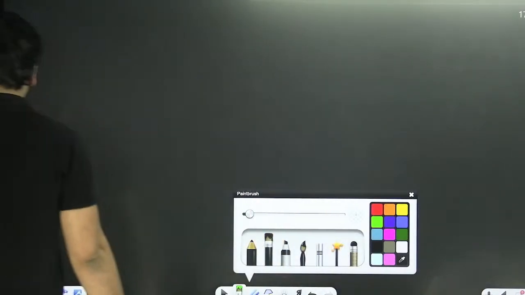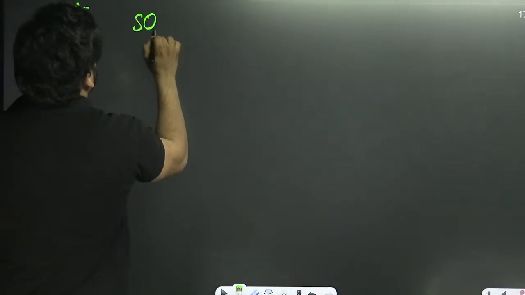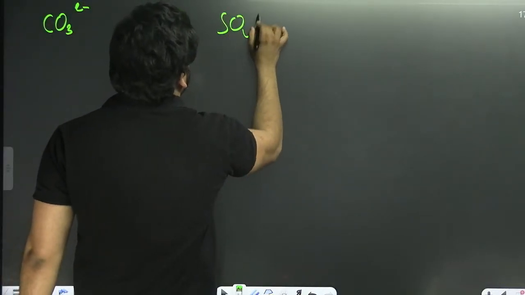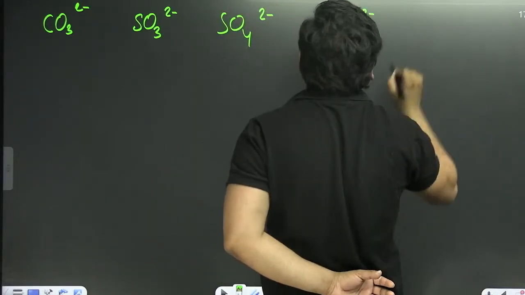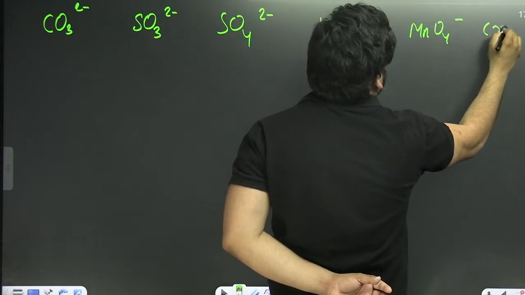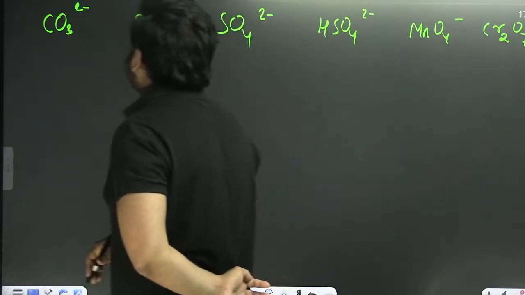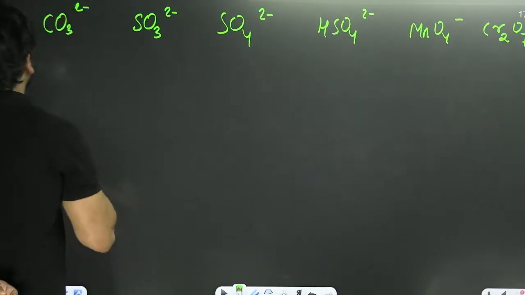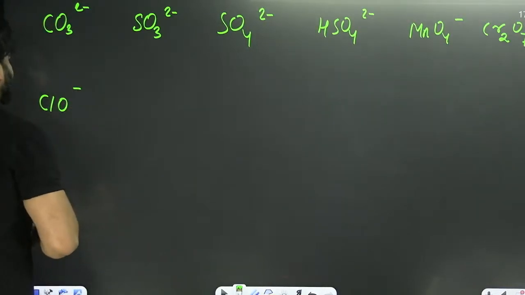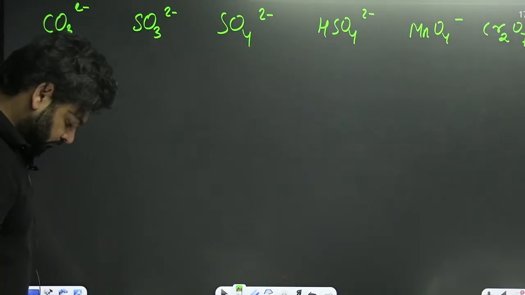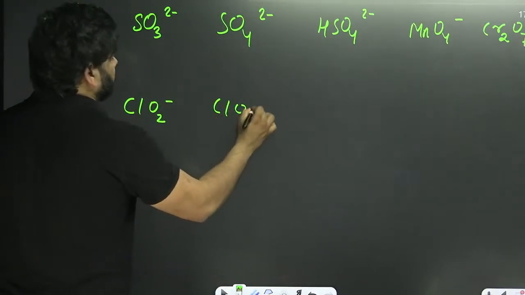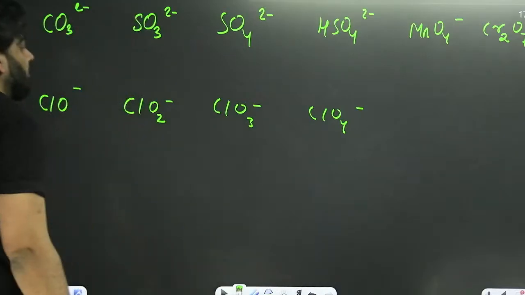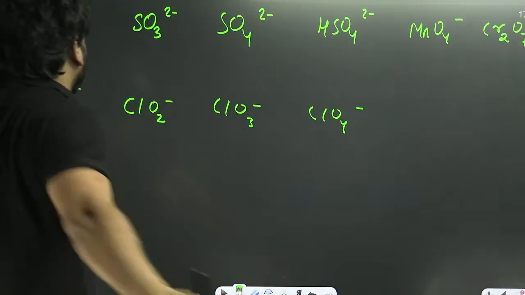Somewhere you can get these in terms of ions, as in, let's say, carbonate ion, sulfite ion, sulfate ion, bisulfate ion, permanganate ion, dichromate ion, perchlorate ion, chlorate ion, and then chlorite ion, hypochlorite ion.